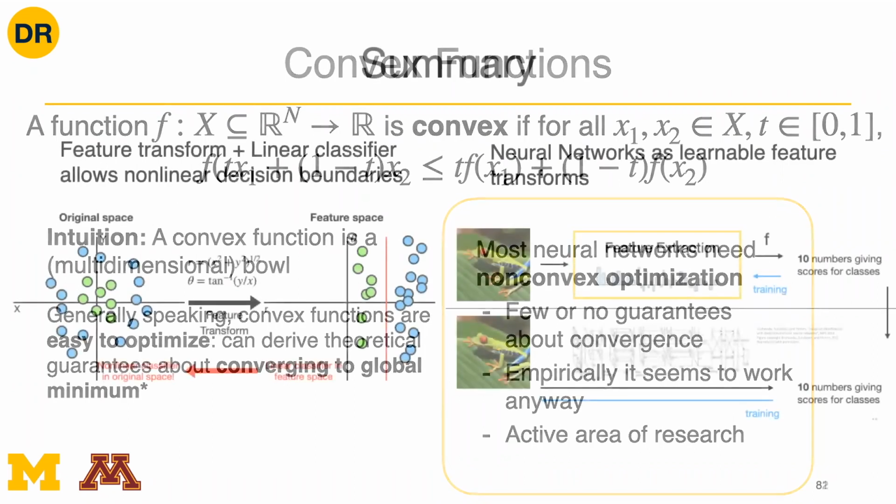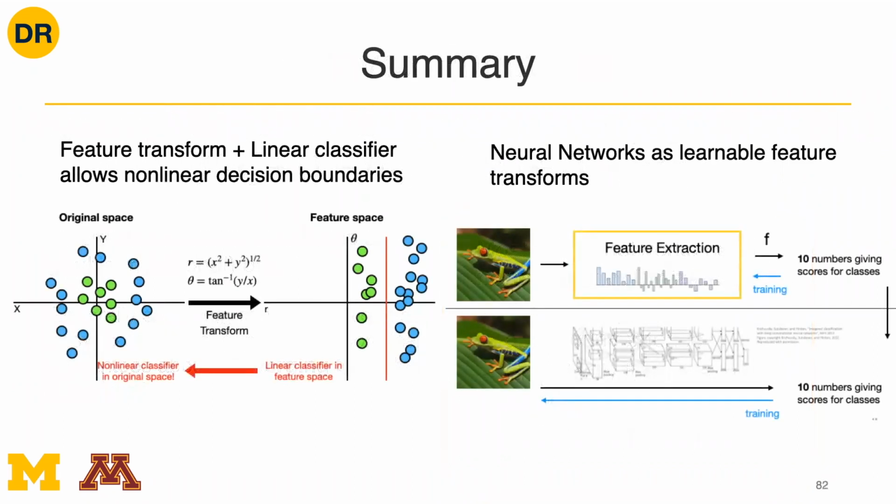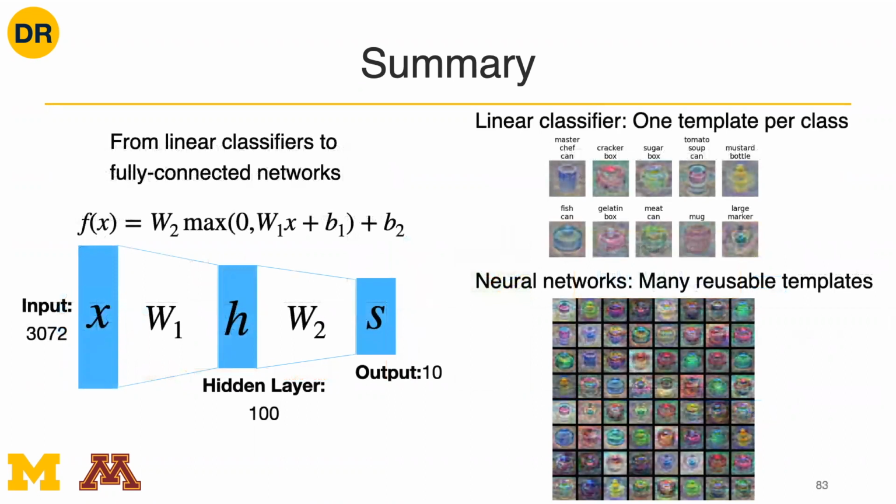In summary, we talked about feature transformations, and the difference between earlier techniques where feature extraction was a standalone process before classification or any computer vision task, and how it compares to neural networks, which treat it as an end-to-end process. We looked at fully connected networks, and we also saw the comparison between templates and a visual viewpoint: how can you compare linear classifiers and neural networks?